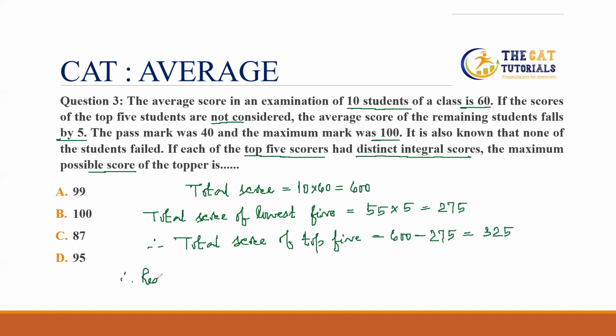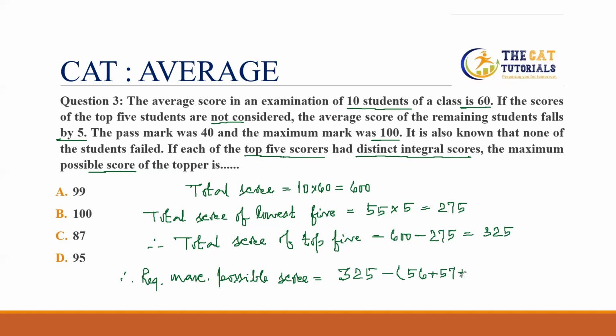So the required maximum possible score will be equal to, out of the 325, we have to subtract the scores of the remaining 4 students, and we have to keep the scores of these 4 students at the minimum level. So we have to subtract 56 plus 57 plus 58.